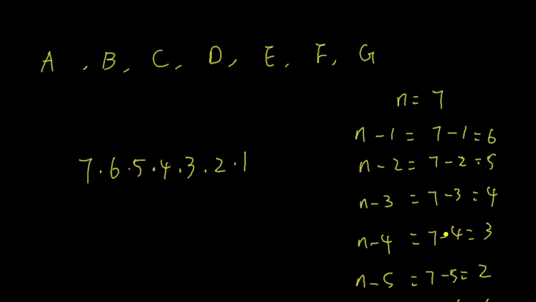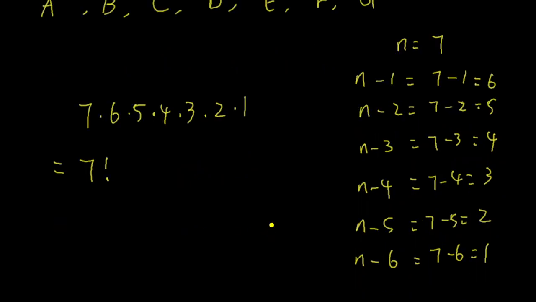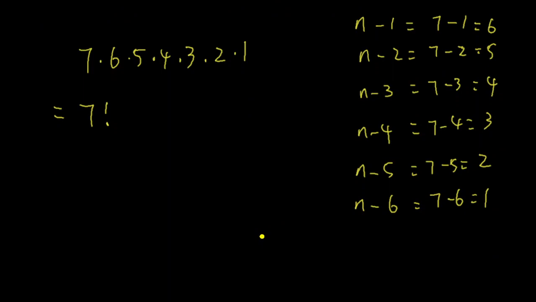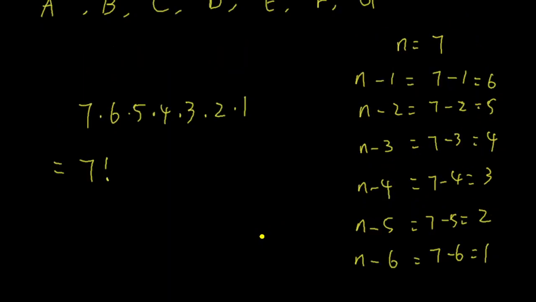Now, how many ways is this? Okay, what else can you write this as? This is really 7 times 6 times 5 times 4 times 3 times 2 times 1, right? So another way to write it is 7 factorial. Now you can take a calculator and calculate what 7 factorial is equal to. Okay, let me calculate this.